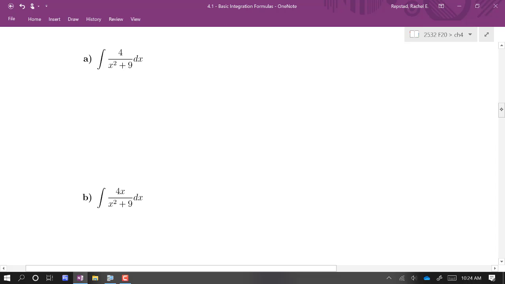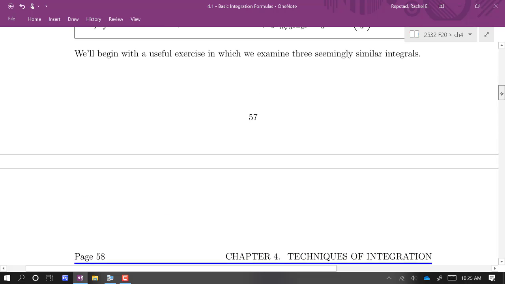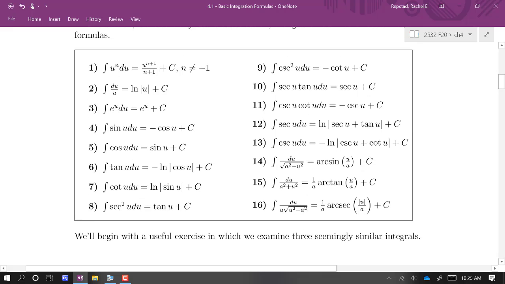So let's begin. In this top one, I'm going to start out just by pulling out this factor of 4. And if you look at the sheet on the other page and think about what we did earlier this semester back in Chapter 2, pretty quickly I think we'll zero in on item 15 here.